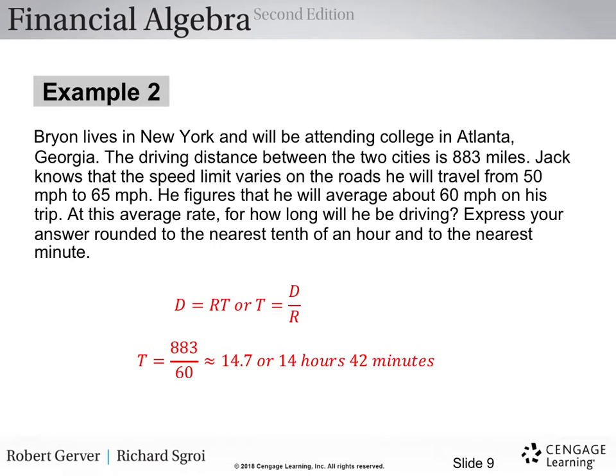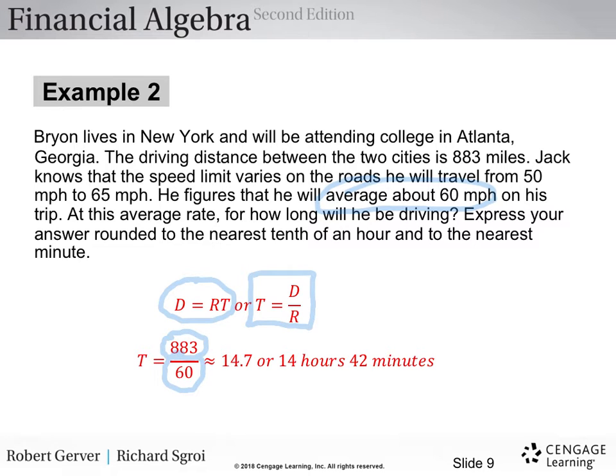All right, so we're going to use the same formula we used before of d = rt, but now we're going to have to solve it for t. So we're going to divide both sides by r, and we're going to get the formula time is equal to distance divided by speed. So therefore, the time, we know the distance is 883 miles. Remember, he said he was going to average about 60 miles per hour.